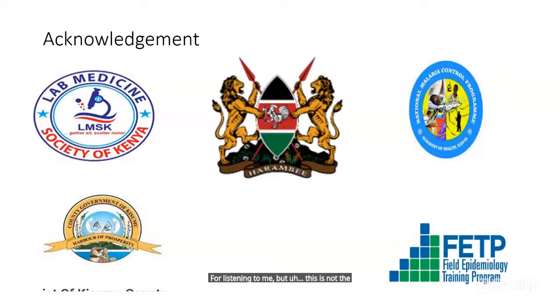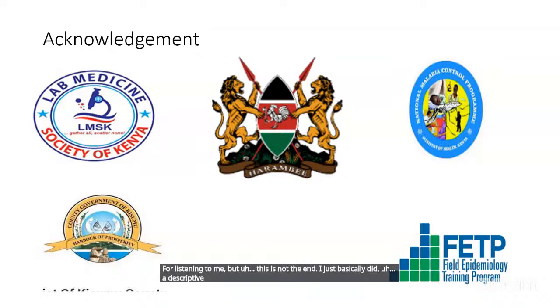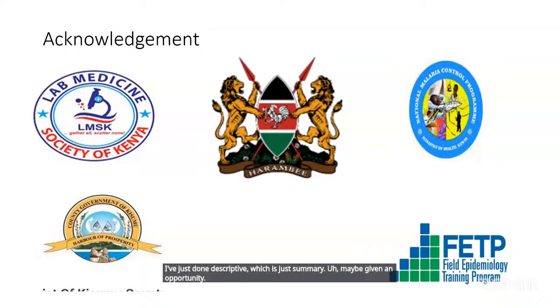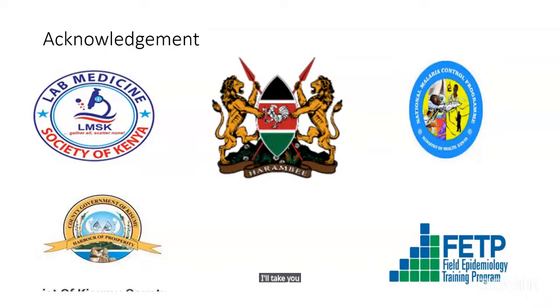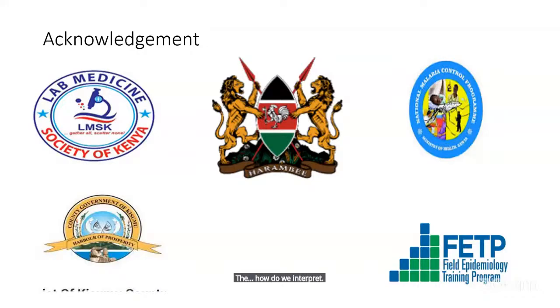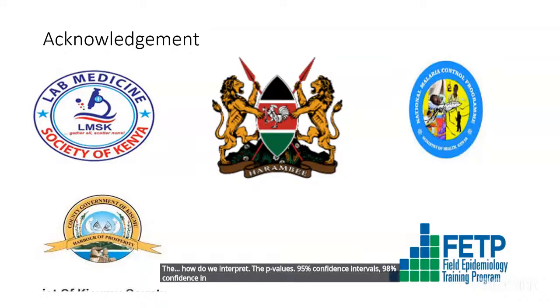But this is not the end. I just did a descriptive bit of it, which is just summary. Maybe given the opportunity, I'll take you through what we call the analytical bit of it, so that we get to know how we interpret the p-values, 95% confidence intervals, 98% and 99% confidence intervals.